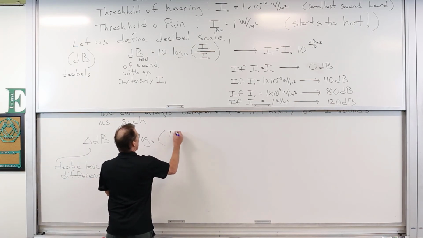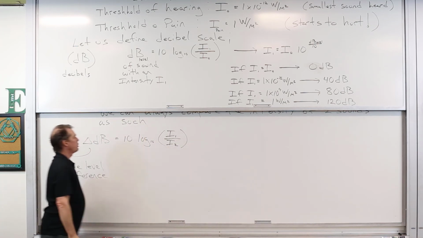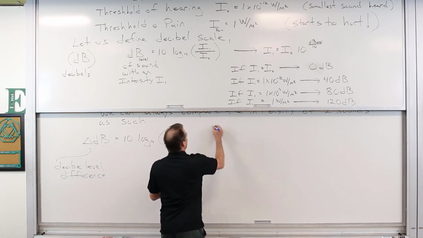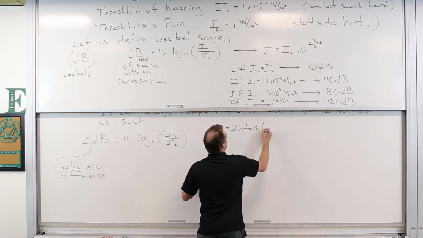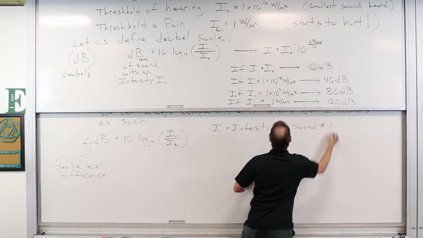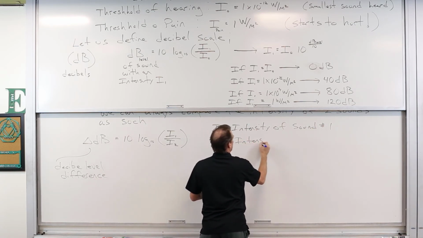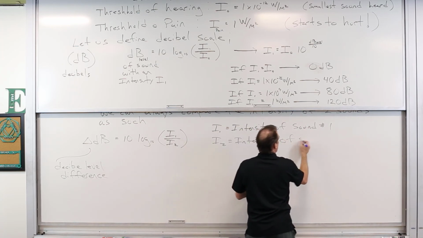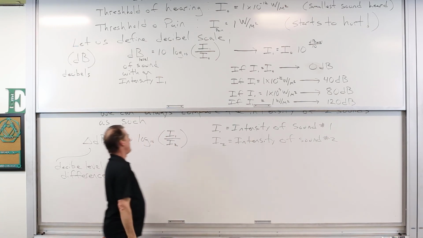And we could say, hey, I1 over I2. I1 is the intensity of sound number 1. I2 is the intensity of sound number 2 in watts per meter squared.